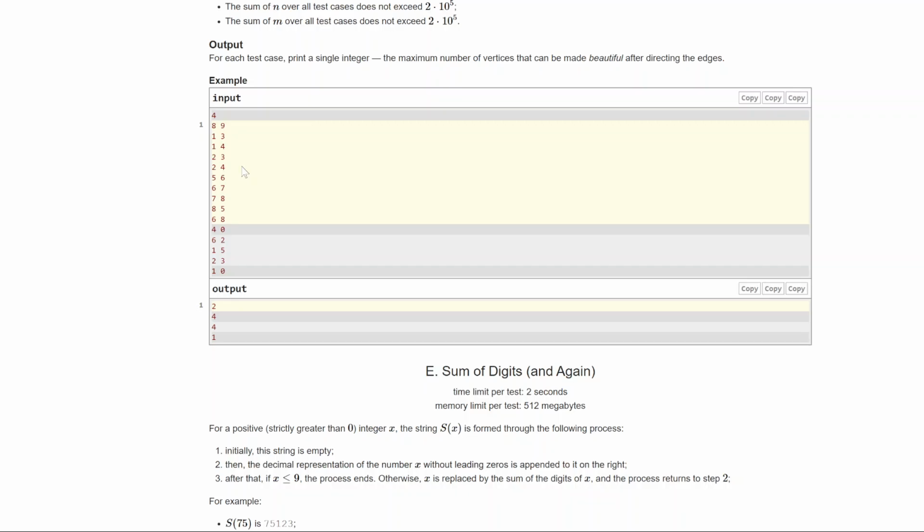There is a cycle. 5 to 6, 6 to 7, 7 to 8, 8 to 5. Again a cycle. 6 to 8. Oh, the graph is not connected.